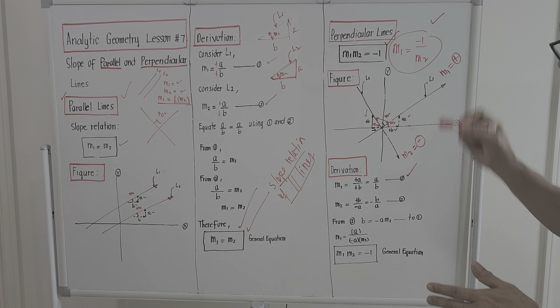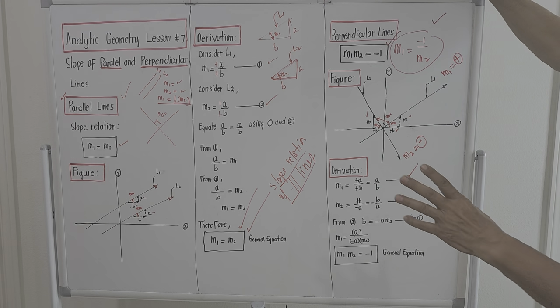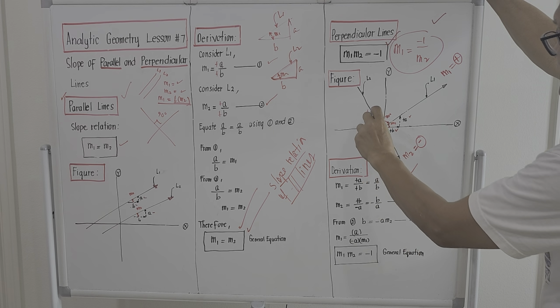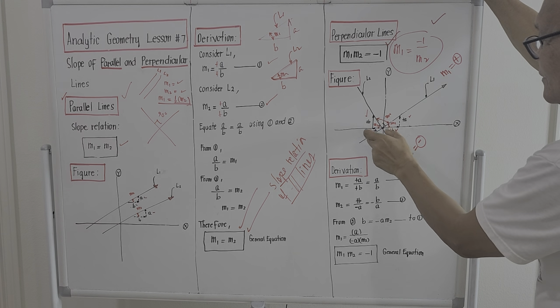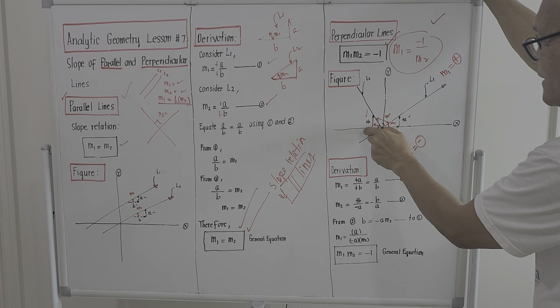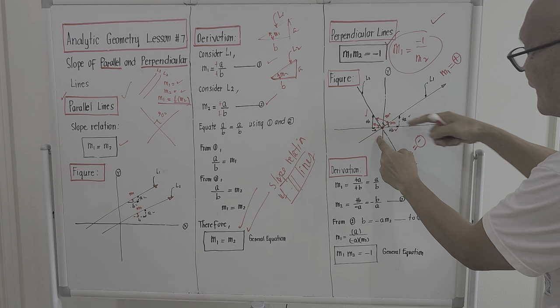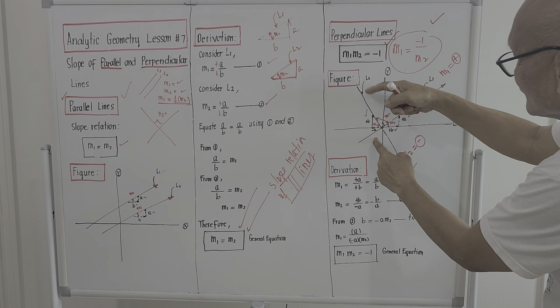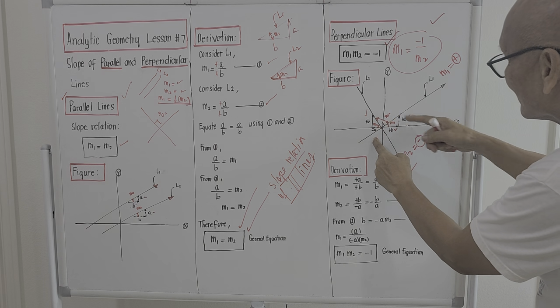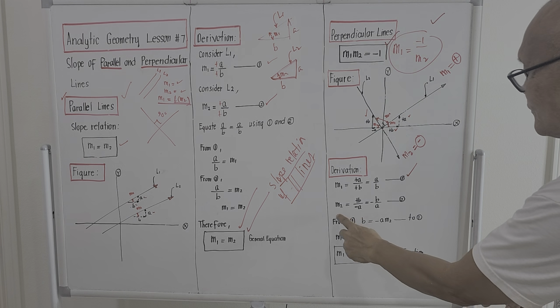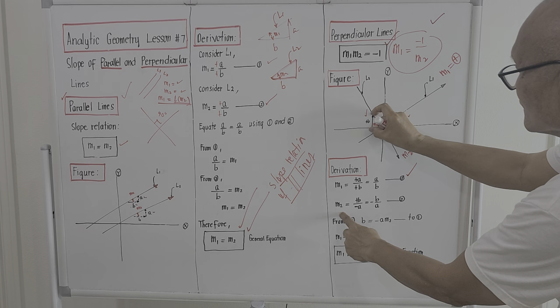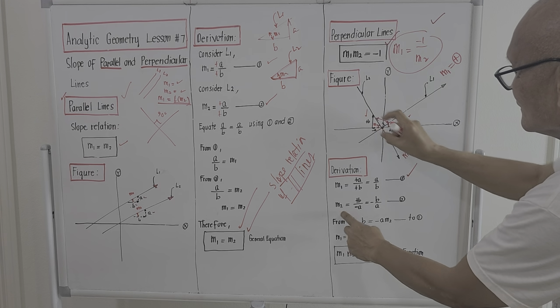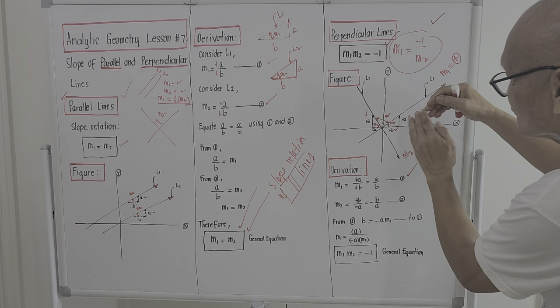Considering line number 2, slope is actually the ratio of this side here over this. Okay? And the angle which line 2 makes with the horizontal is actually its slope. So M2 will be plus B, this is a plus, over a minus A. Minus A, it is to the left.